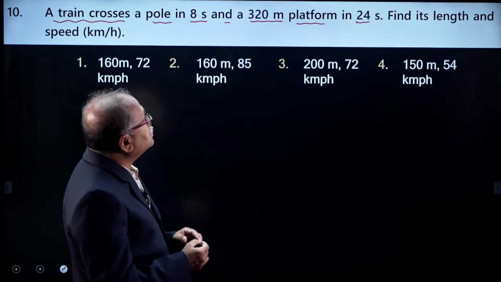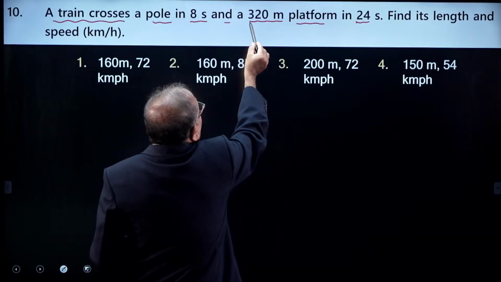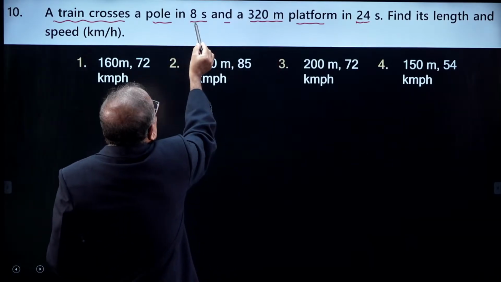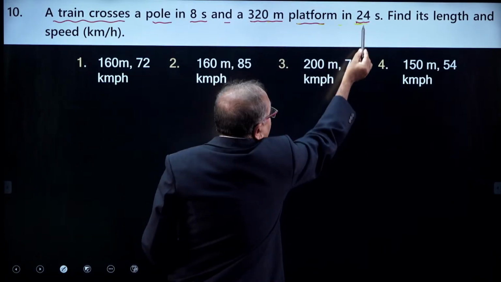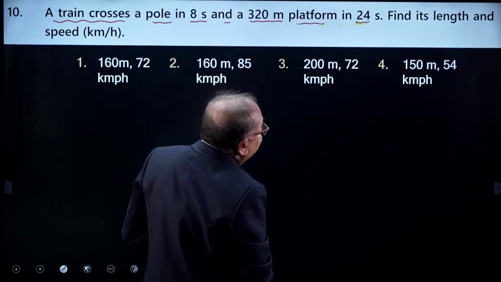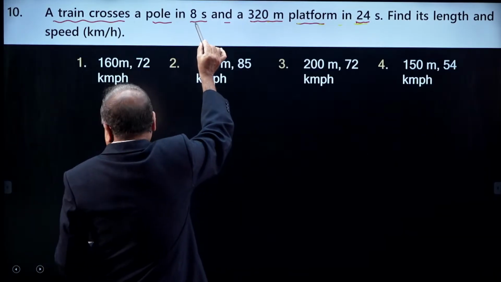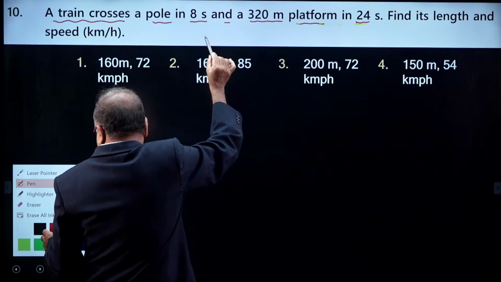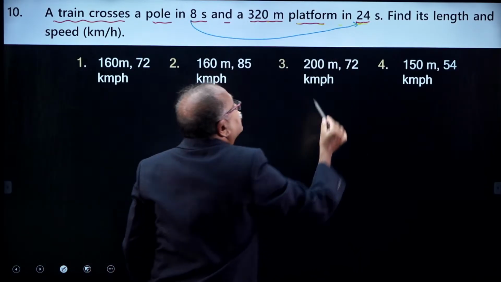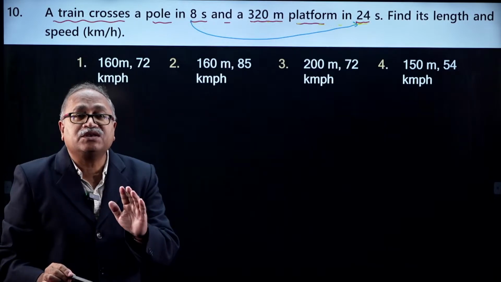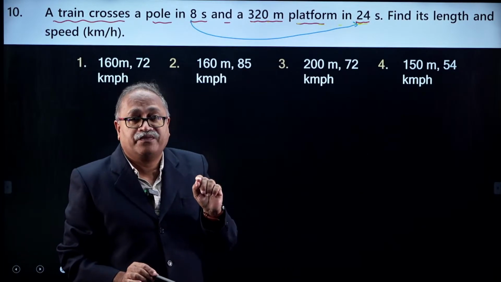So, what is the speed of the train? It crosses a pole in 8 seconds and a 320 meter platform in 24 seconds. Am I right? So, if I take out the train's timing, 8 seconds, then the time left is the time to cross the platform.